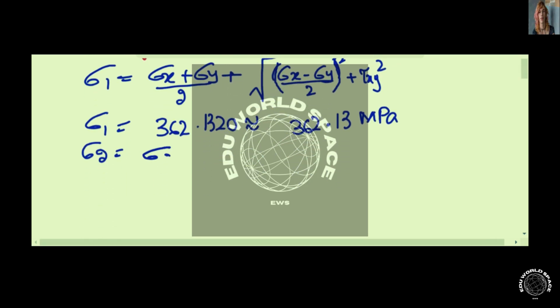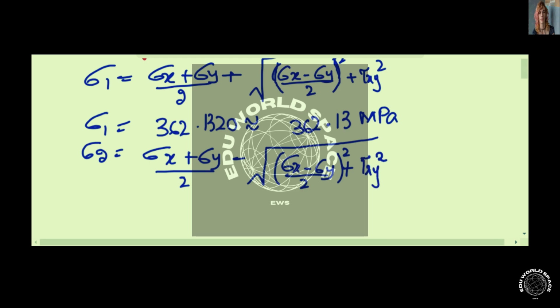And similarly, you will find sigma sub 2. So its equation is (sigma sub x plus sigma sub y) divided by 2 negative, excuse me, let me write it neatly. So under root, parenthesis (sigma sub x negative sigma sub y) parenthesis close divided by 2 positive tau sub xy square, right?